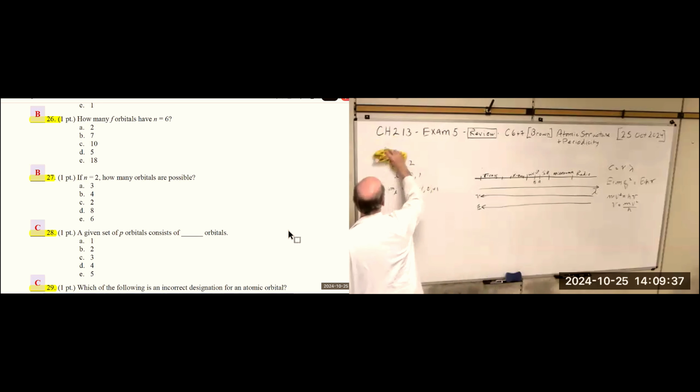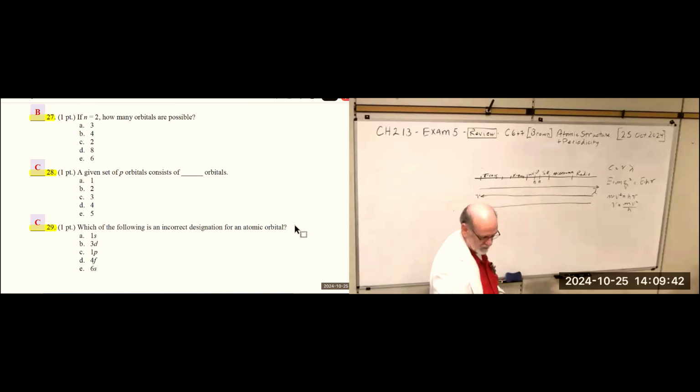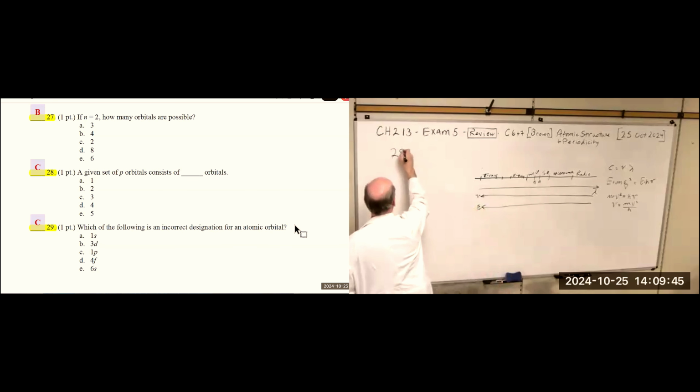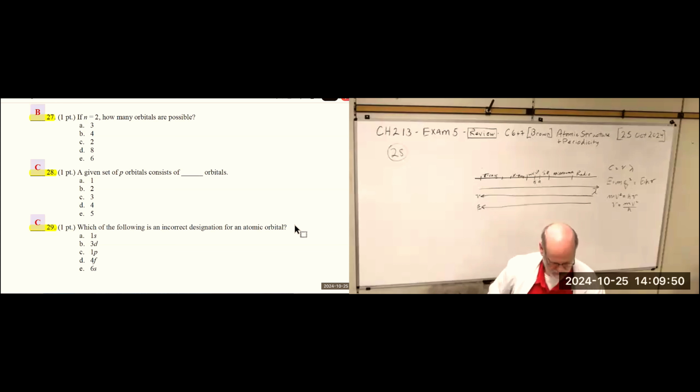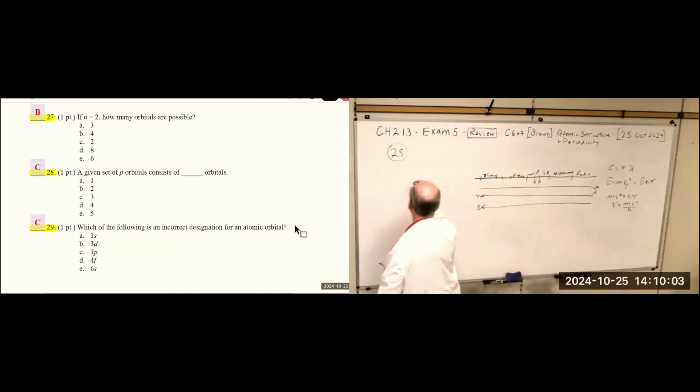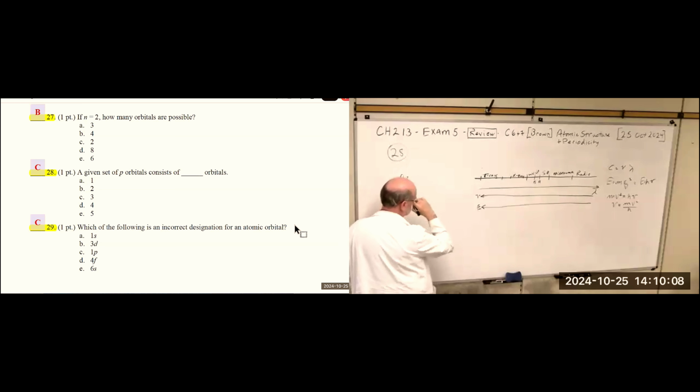28. A given set of p orbitals consists of how many orbitals? Well, if l equals 1, that's a p.